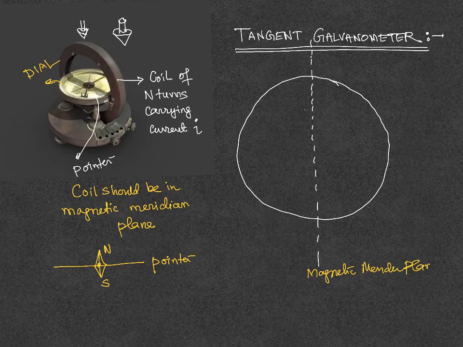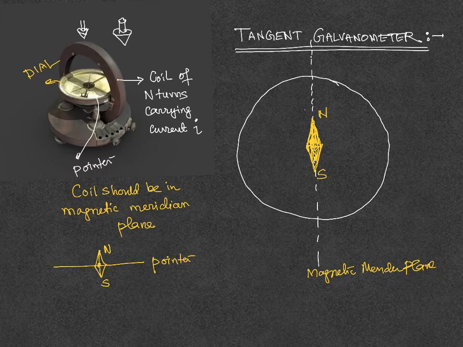If you let the magnet free, it will point in this direction. The magnetic needle is obviously hinged at the center. It will align itself in this way.